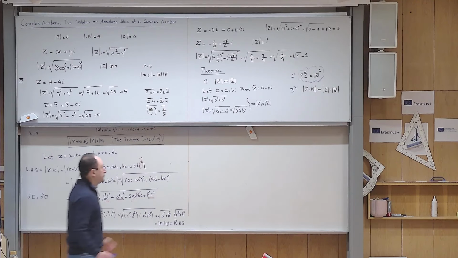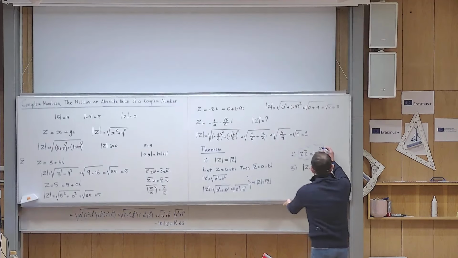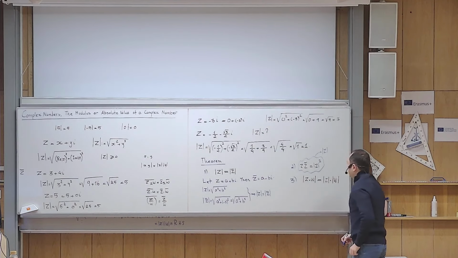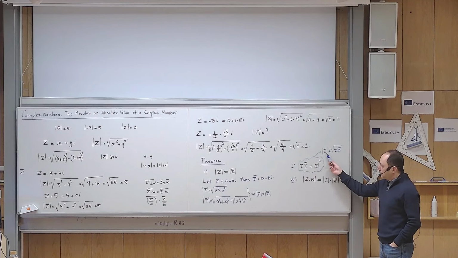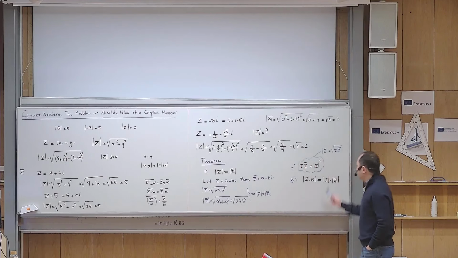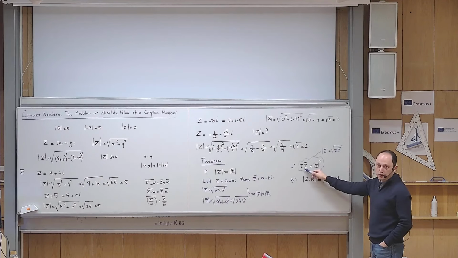So let me give you a little bit of hint. Here, if I ask you what is absolute value of z, you will tell me it is the square root of z times z bar. So if I want to calculate absolute value of z, of course I can use this formula as the definition, but I can also use this fact that absolute value of z squared is this, so absolute value of z itself is the square root of this product.